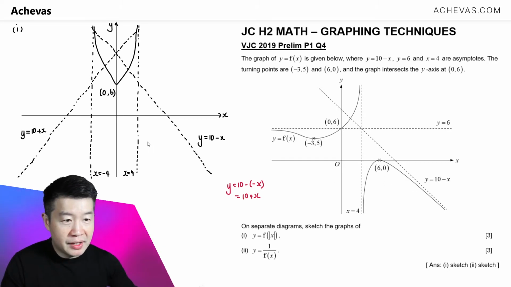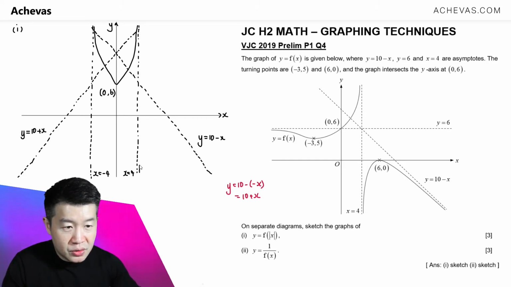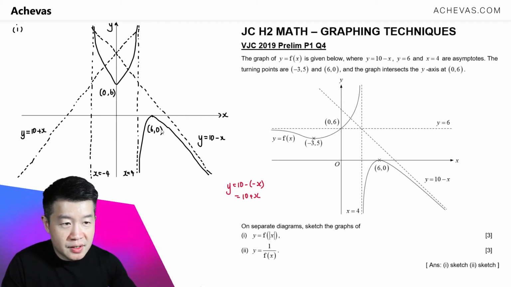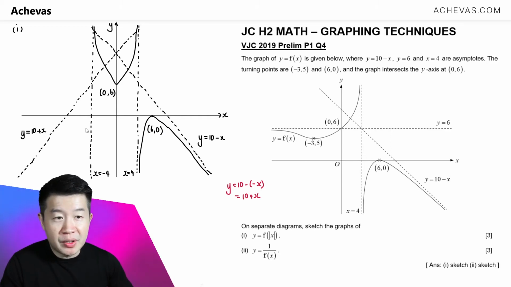And we are going to be replicating this part here. So we have our graph touching the point 6, 0, and then tending towards the oblique asymptote. So my graph is going to be something like this. Okay, tending towards the oblique asymptote, and this point here will be 6, 0. And this is going to be reflected about the y-axis.